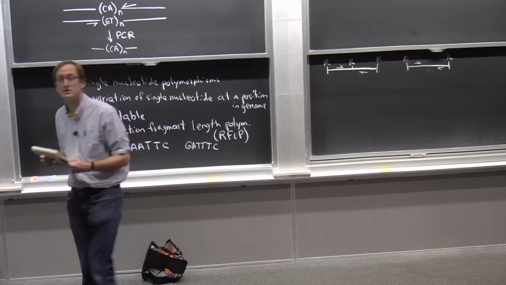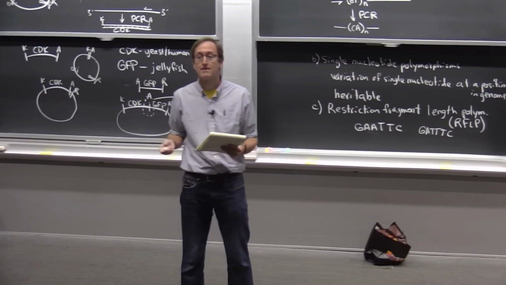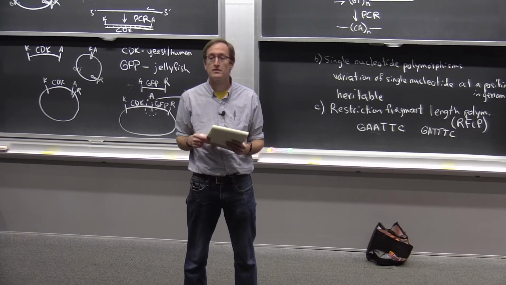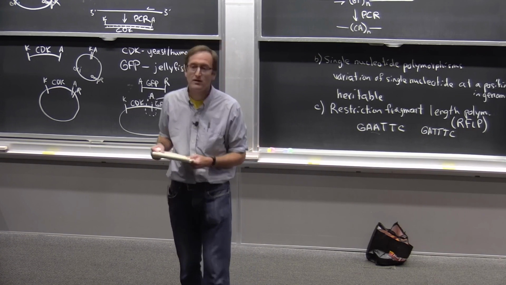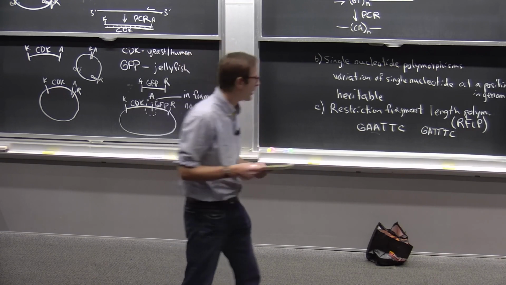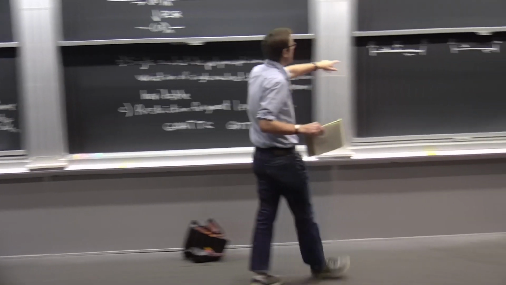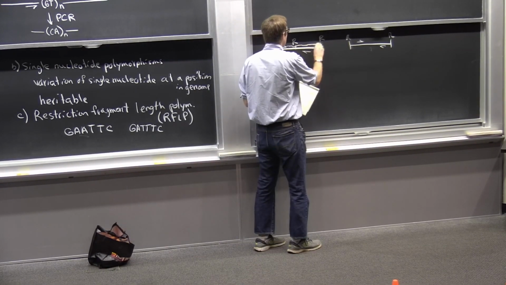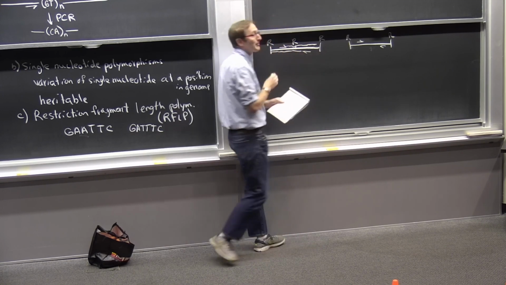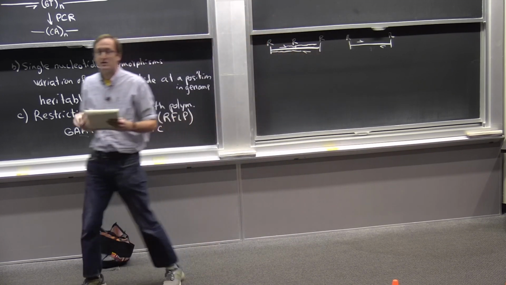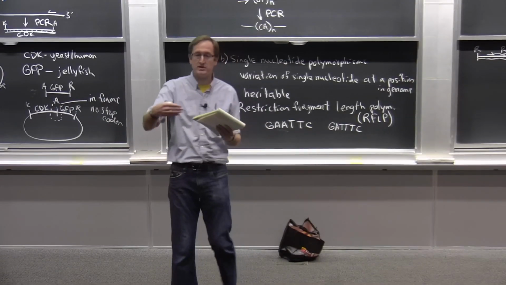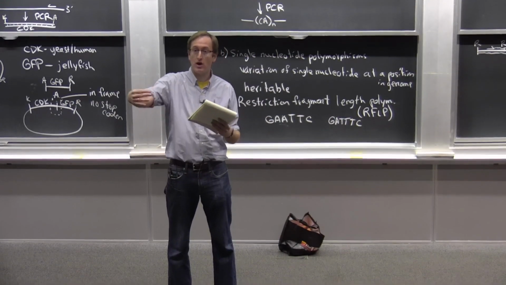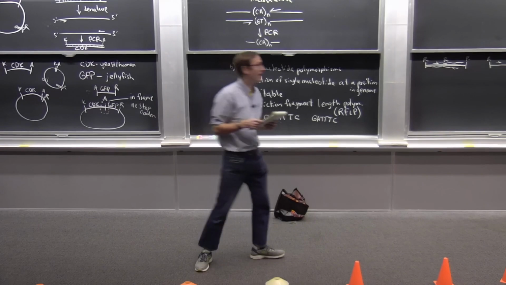Yes, Malik. When you do PCR, are there active primers, so that it doesn't stop replicating? What's that? Oh, you're asking what causes it to stop? That's a great question, Malik. Initially, it's not going to stop. That's absolutely right. But each time you replicate, it's then primed with another primer, right?